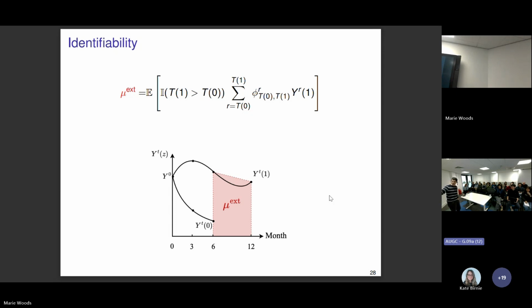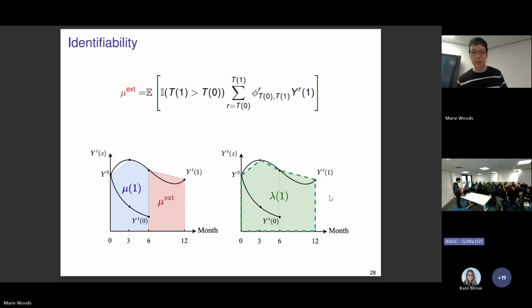So if a subject will survive up to time 12 under treatment, but only survive up to time 6 under control, then from 6 to 12 is a period where you only have YT1, but you don't have YT0. So for this period, we can only report your average YT1 during this period. So this is mu extent.